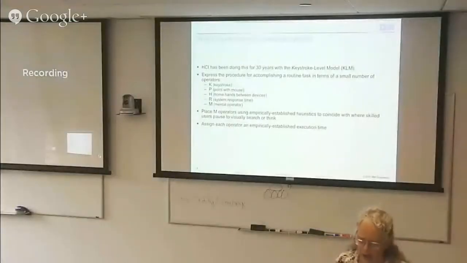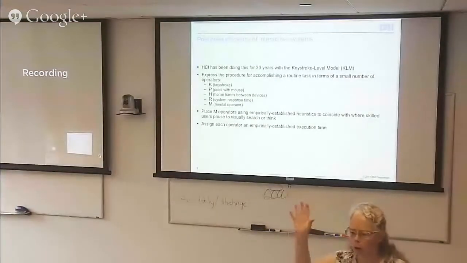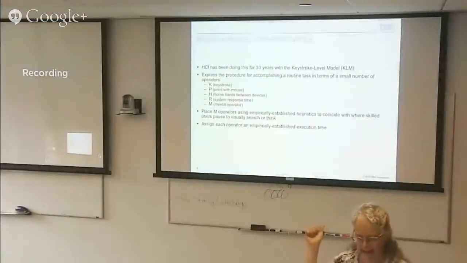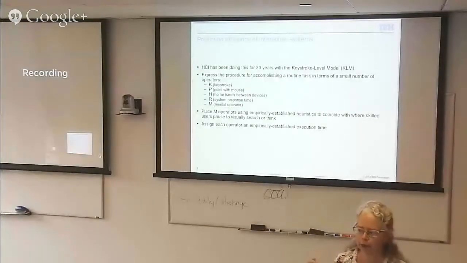There are empirically established heuristics that have to do with things like before someone issues a command, or before they submit a whole stream of information, they want to make sure it's right so they go back and check it. And what they have found is that this black box of a mental operator with the heuristics that Card, Moran, and Newell gave us back in the 1980s gets us within about 10% of the truth.